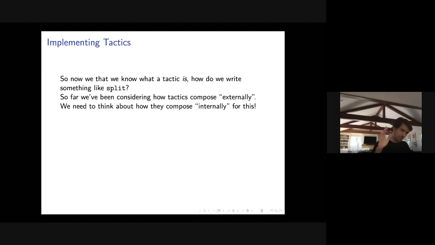This doesn't make any sense until I sort of hand wave it, but we've been thinking about how we chain goals and solutions to those goals, but we don't know how to sort of group together solutions into bigger solutions. And this is the sort of internal aspect of it.